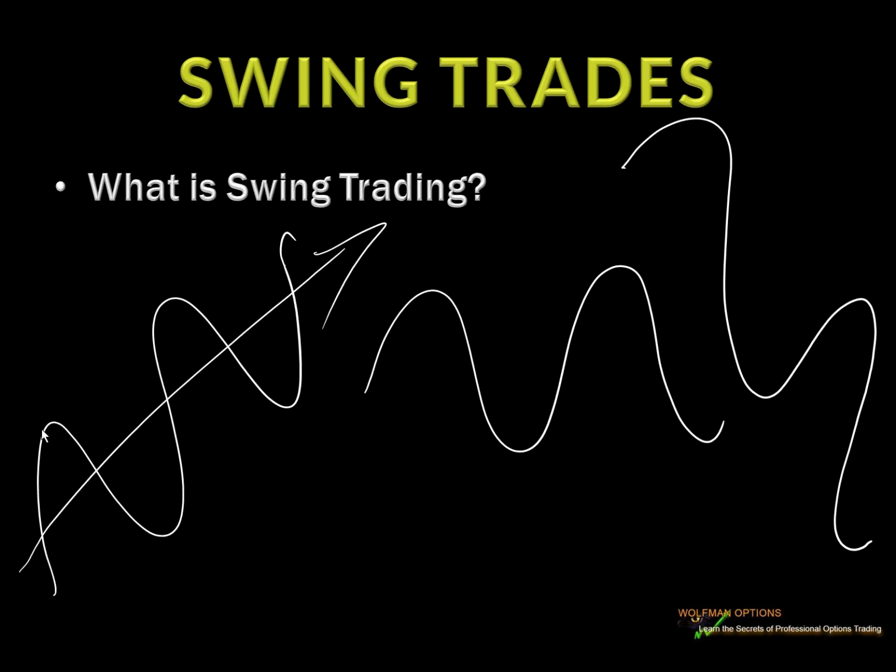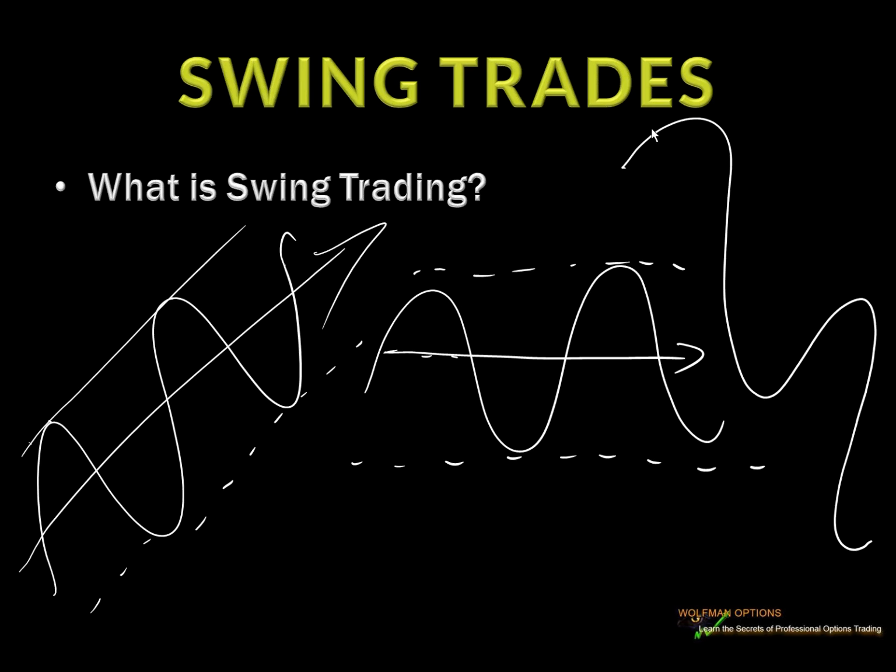And then you look at these peaks and valleys and try to find the resistance area and the support area. I probably should do a dotted line there. In this case, we've got a sideways or neutral trend, but we can still try to find the resistance and the support levels in and around this underlying and a bearish trend.